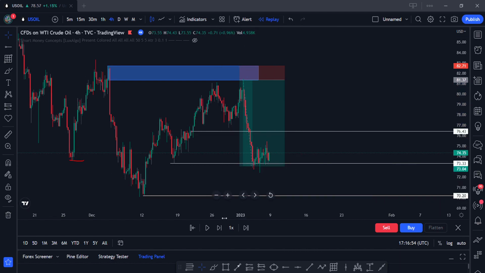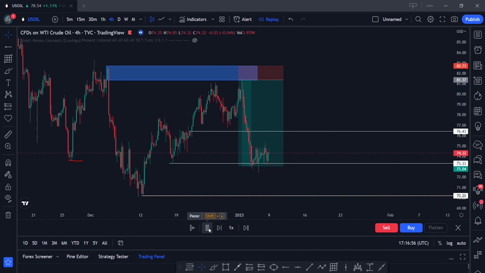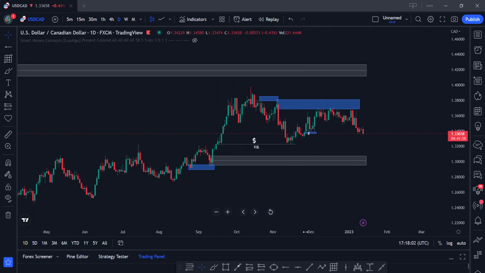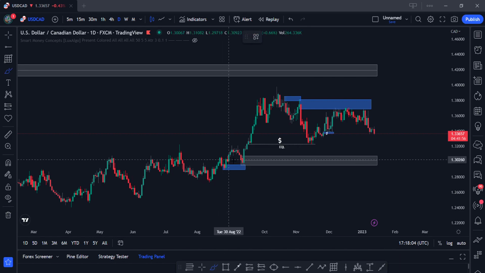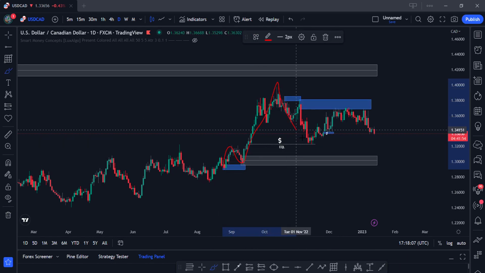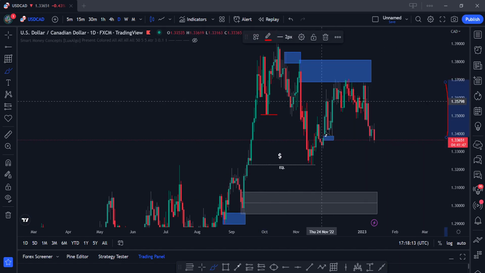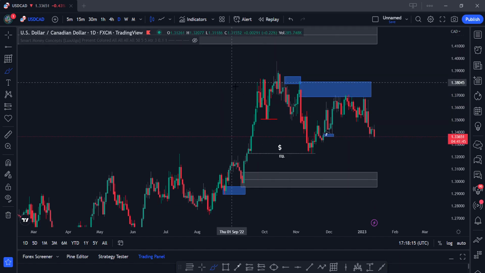So that is another way, and one of the examples. The US dollar is currently trending high. I've seen that this was the last swing low before price went up to break structure. So this is just an example of an order block. Cool, we have a break of structure.